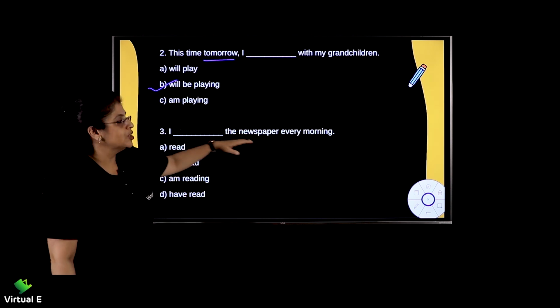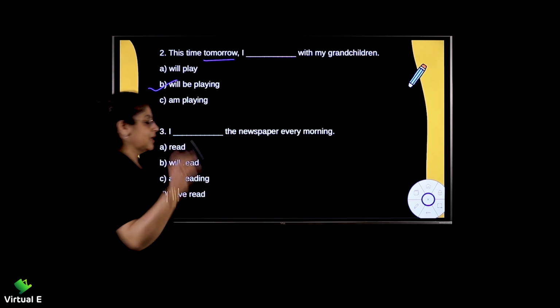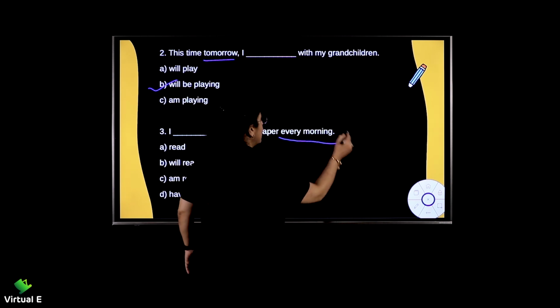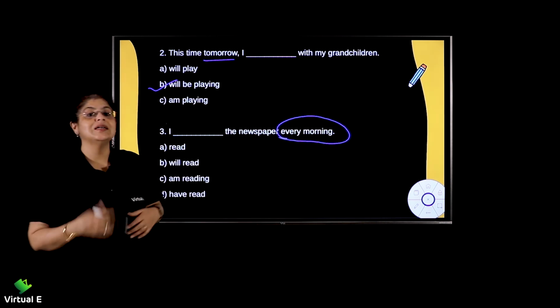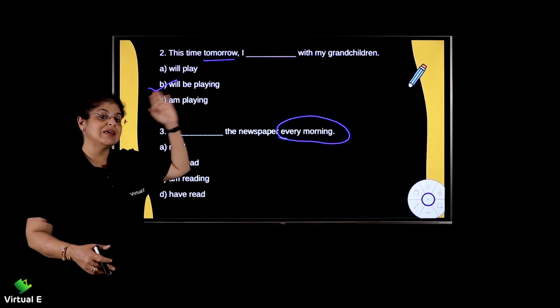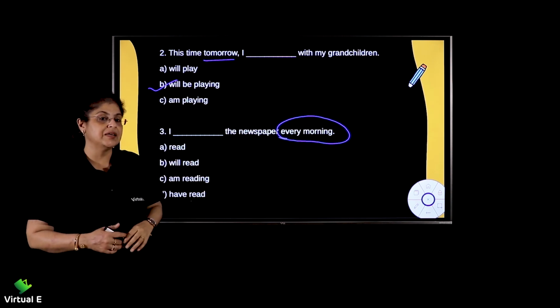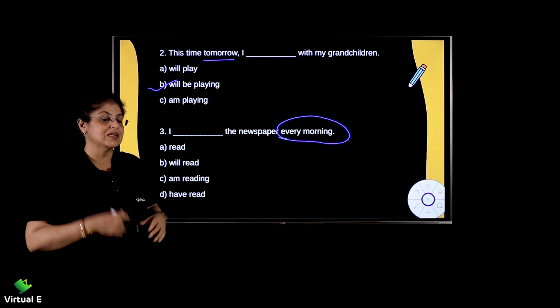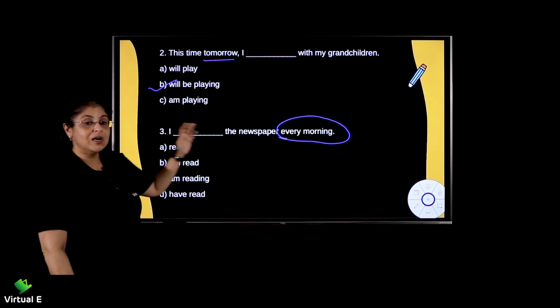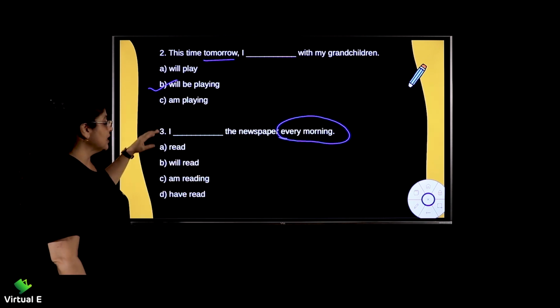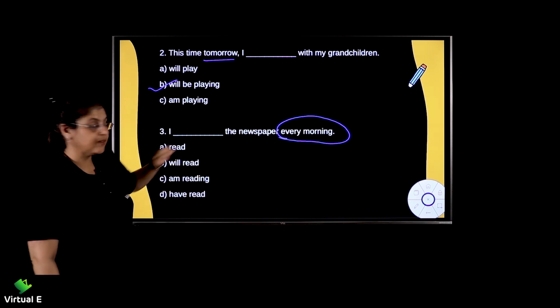I dash the newspaper every morning. I want to bring this to your notice. Something which happens on a daily basis. We began with this tense, right? The simple present tense. Something which happens on a daily basis. So, if you are talking of something on the daily basis, so I read the newspaper every morning.